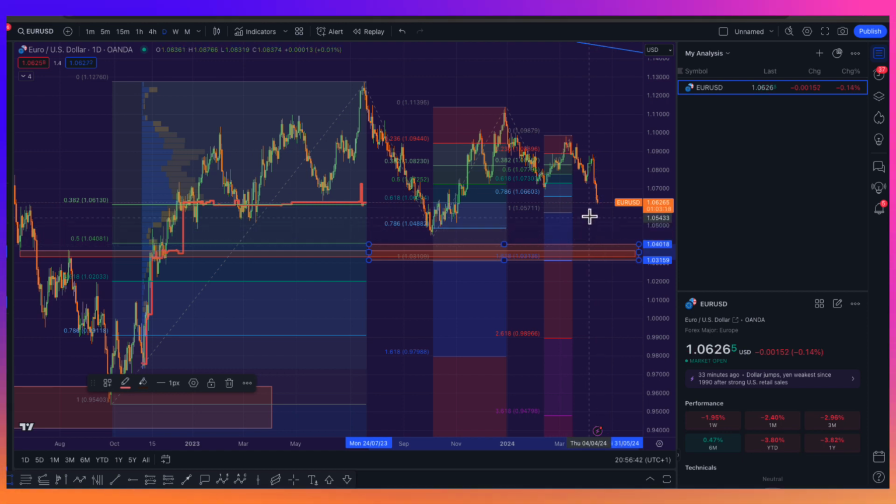I'm not saying the market definitely reaches this area or that it's not going lower than this area, we don't know yet, but we believe there is a good potential of the market falling down and declining to this level.